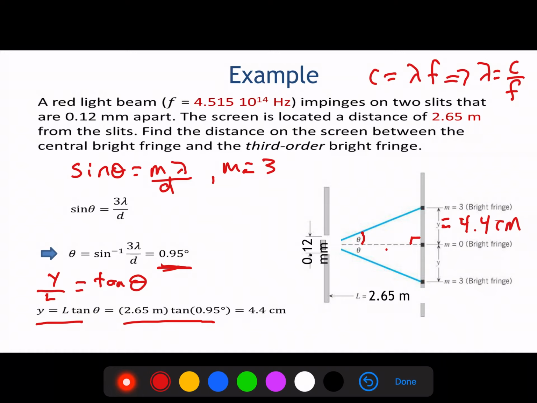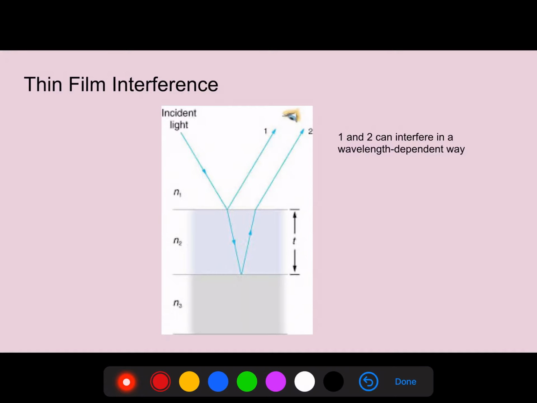The final thing I'm going to point out is that we've emphasized throughout this lecture the importance of there being only a single frequency so that this light is coherent. But there is such a thing as thin film interference.